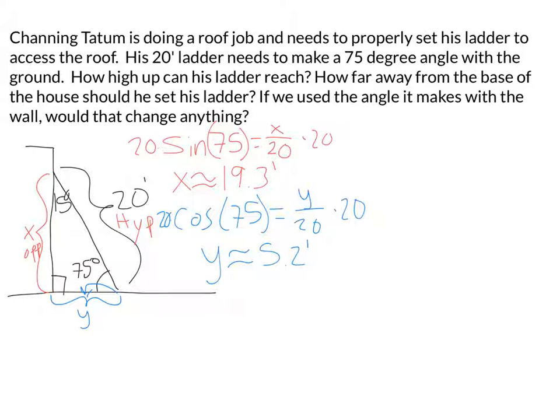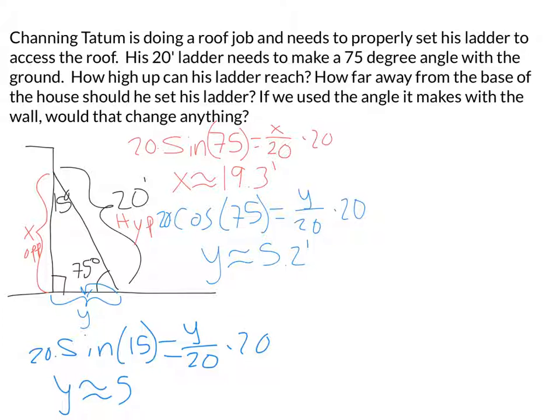So if I want to solve for y, opposite and hypotenuse would be sine of 15 equals my opposite over my hypotenuse. And if I plug this in my calculator, after multiplying by 20, going through my normal algebraic steps, I'm going to get y equals approximately 5.2, the exact same answer.